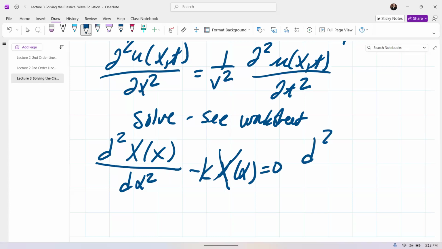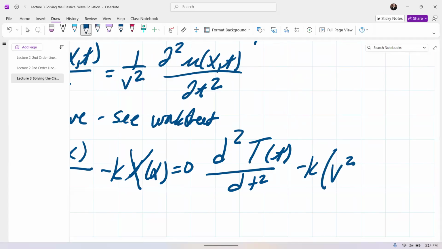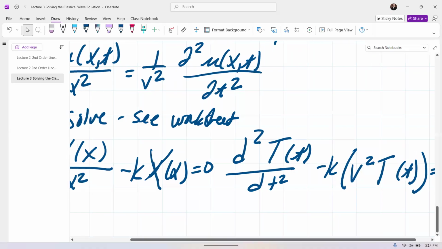And we have d squared T of t over dt squared minus k v squared T of t equals 0. Those are the answers that we should arrive at when we have done the separation of variables.